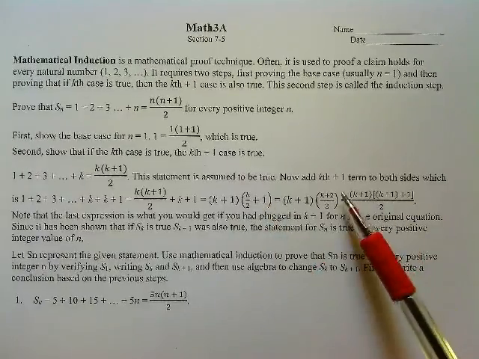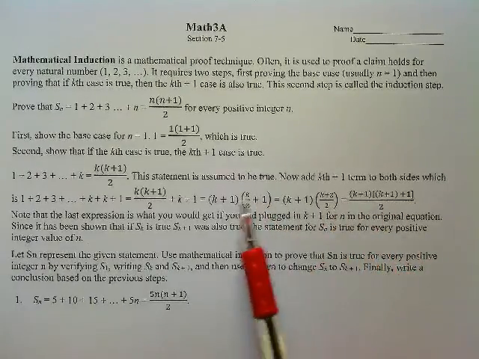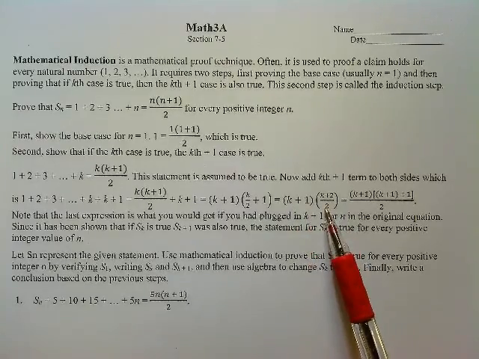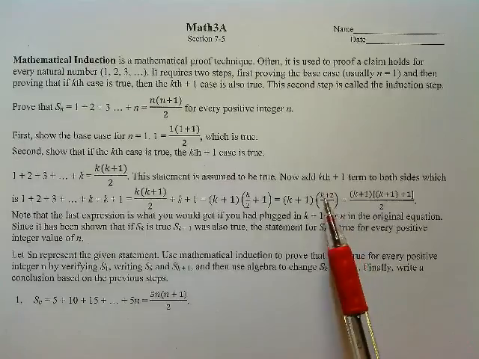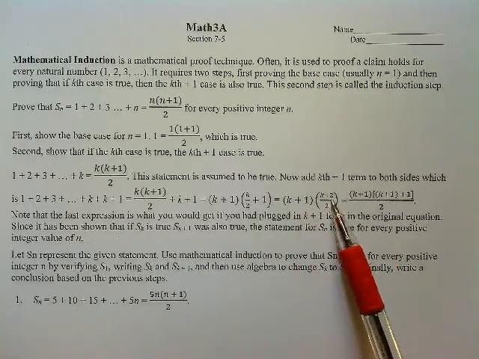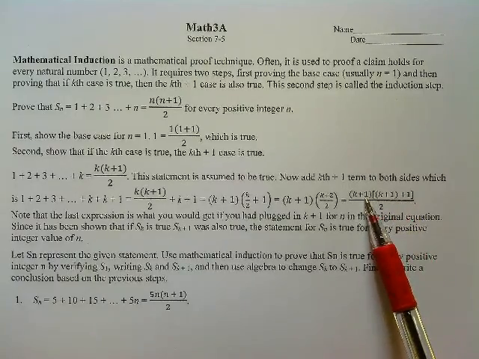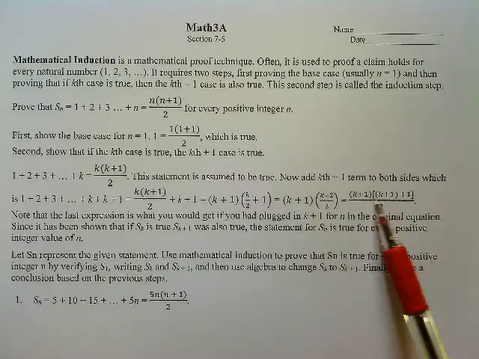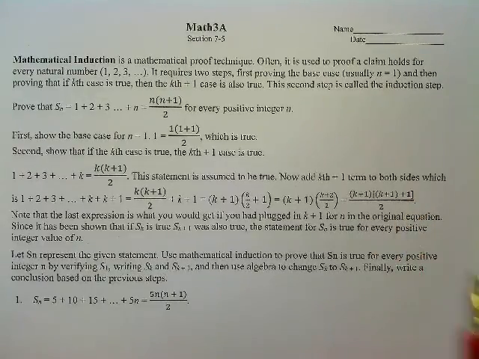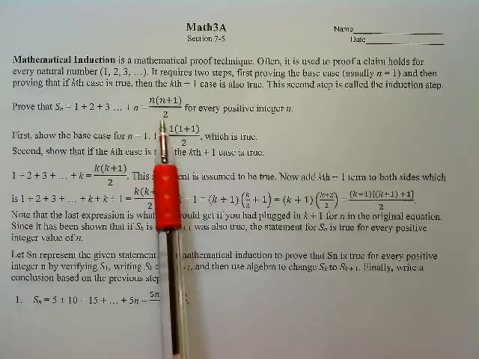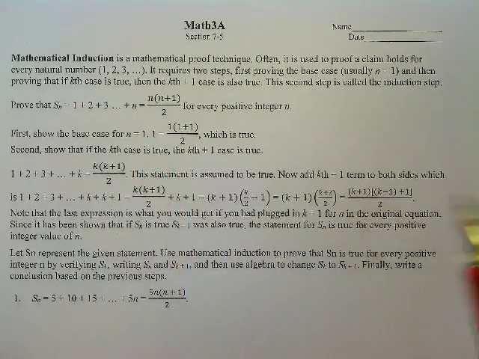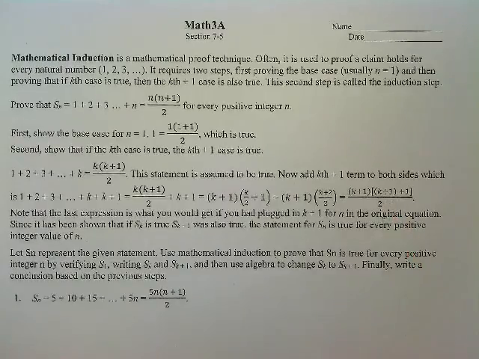We can call the 1 2 over 2, and so now this expression would be k plus 1 times k plus 2 over 2. However, if we looked at this and split apart the 2, we would have k plus 1 times the quantity k plus 1 plus 1 all over 2, which is just what you would have gotten in our original expression if everywhere we had an n, we had put in k plus 1.